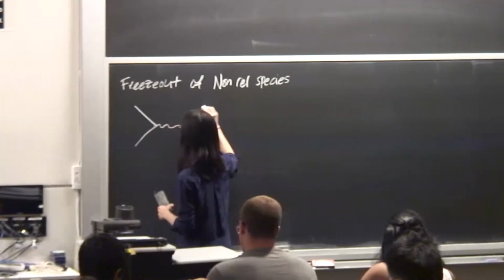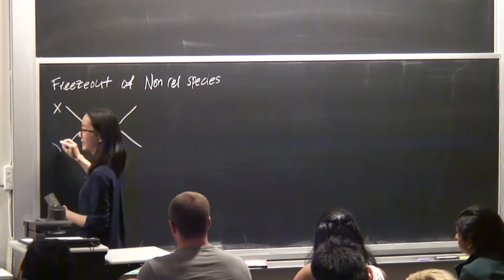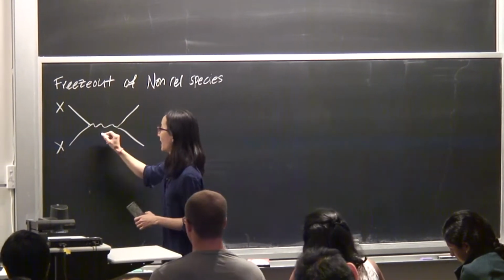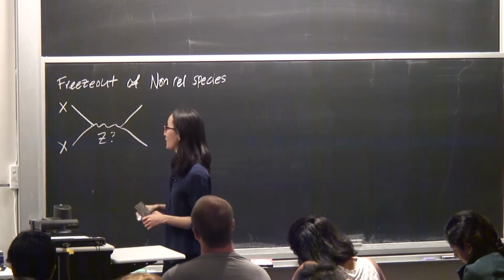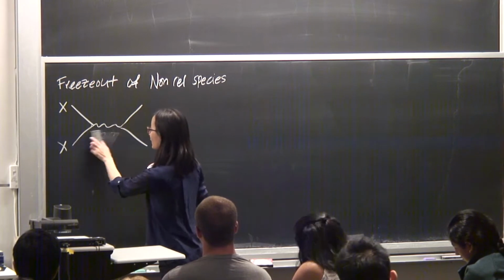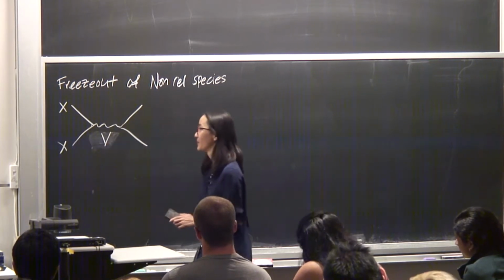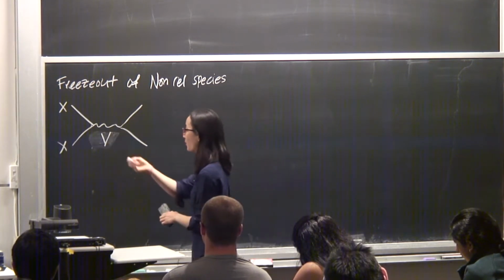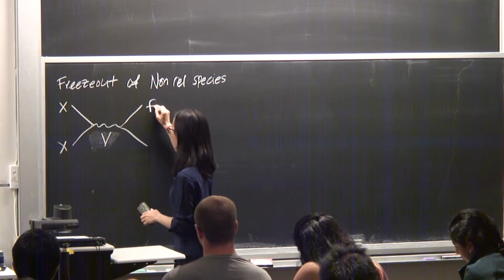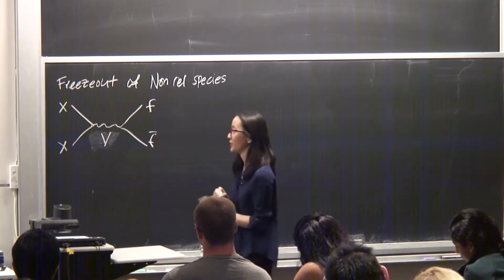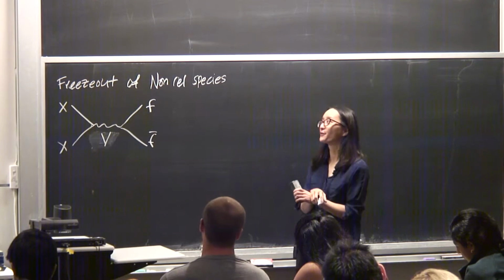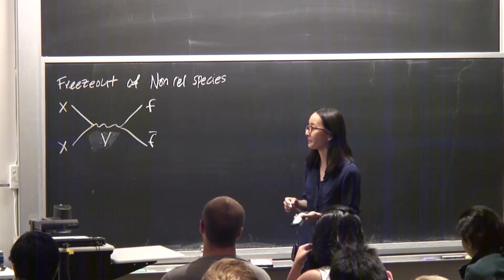So let's draw a similar diagram for a dark matter candidate. I'll put maybe a Z here, or just a question mark or some new vector. I'll get into specific possible portals with the standard model later. And annihilation to some standard model fermion, which is much lighter than the dark matter.